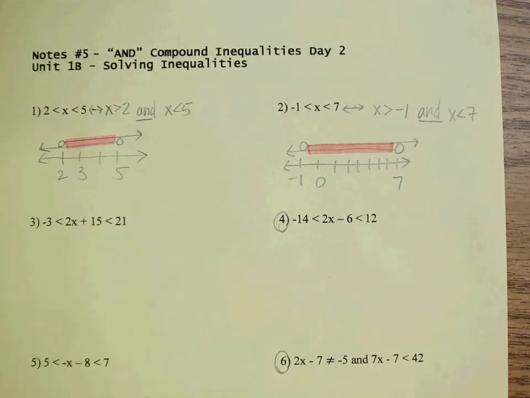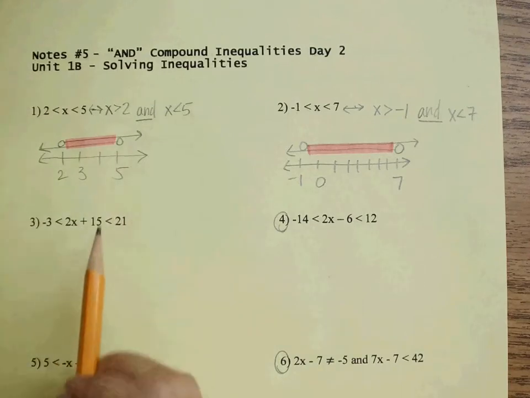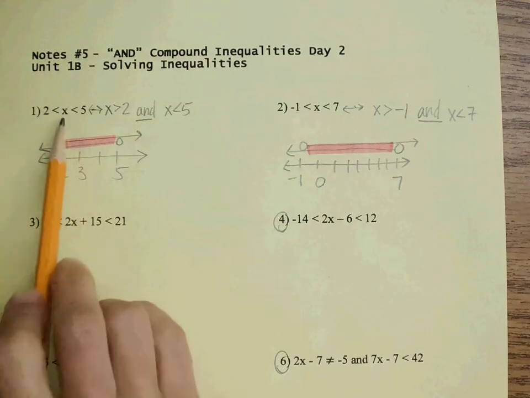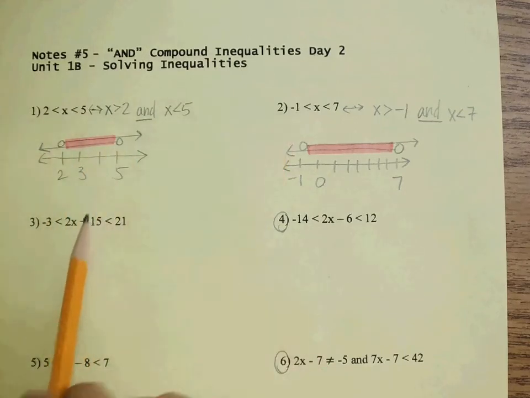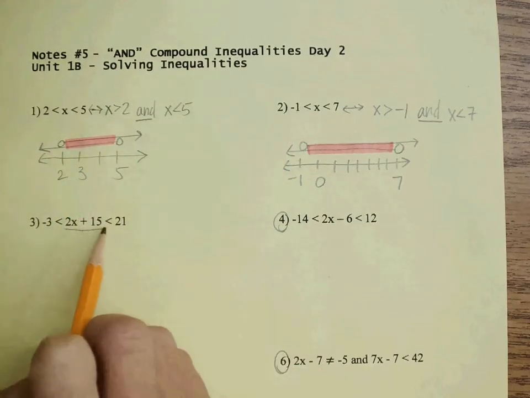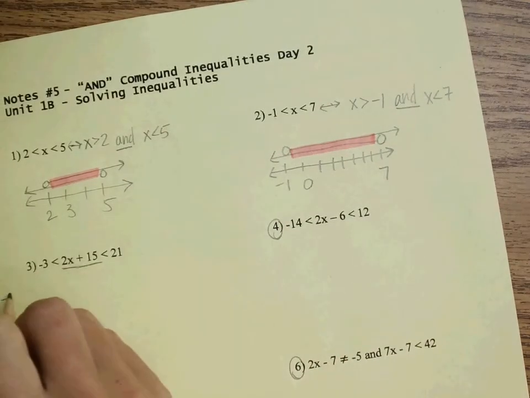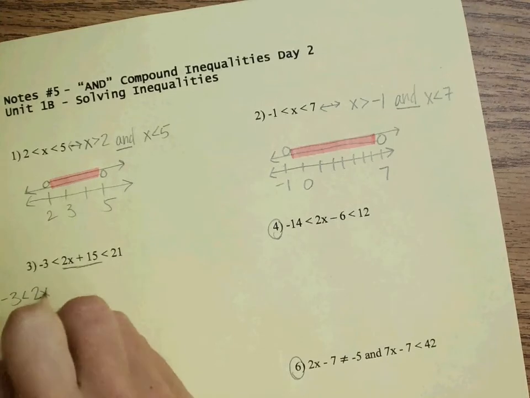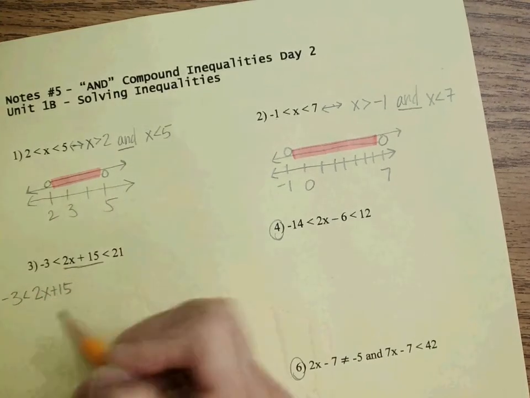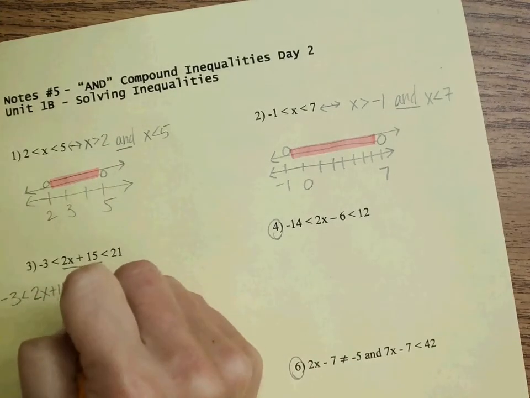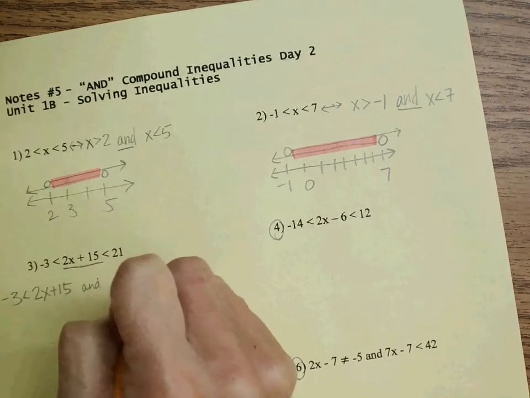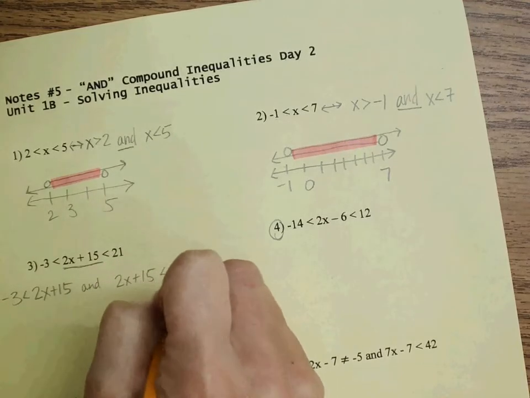Number 3. This time with this and graph, instead of sharing just the middle variable, just the x on number 1 and 2, they're sharing this entire expression. So when I rewrite this, it's going to be -3 is less than 2x plus 15, or I could write the expression first, and 2x plus 15 is less than 21.